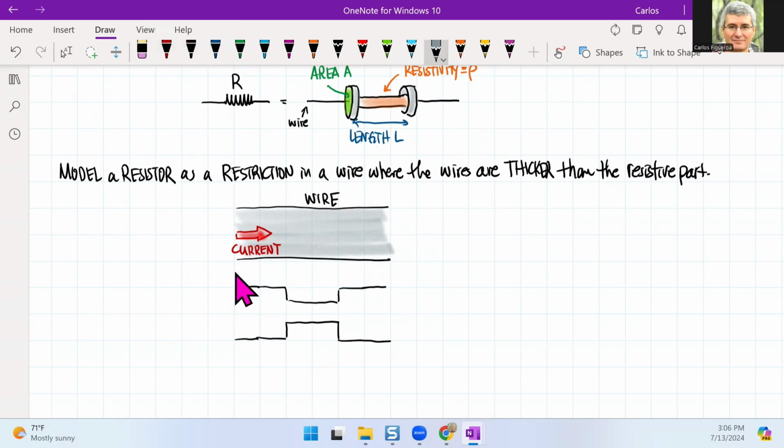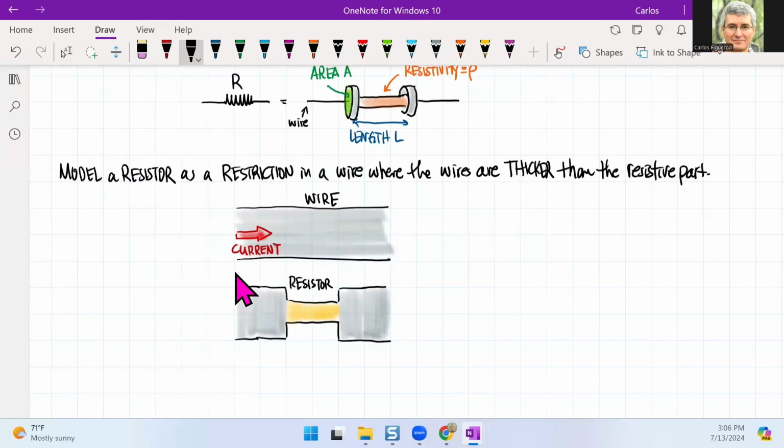So in other words, this is the wire in gray, but this yellow part here is the resistor. So when I say we're going to model, this is the resistor.